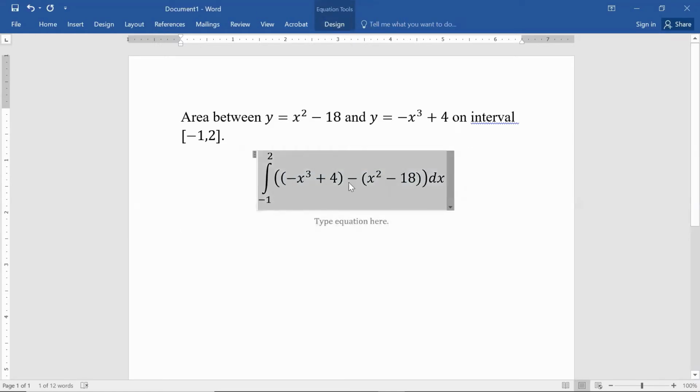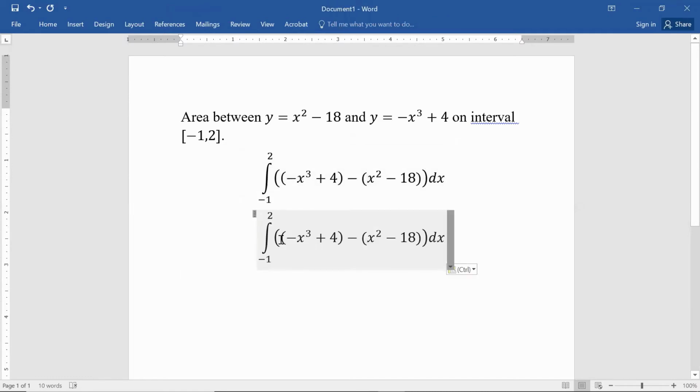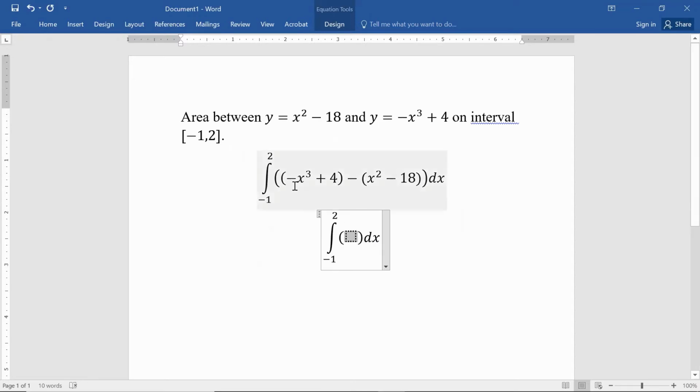I like to rewrite this integration by combining like terms, and I typically put things in descending order. I would have a negative x to the third, a minus x squared when I distribute the minus sign, and then my constant is going to be 4 minus a negative 18. So that is going to be plus 22.